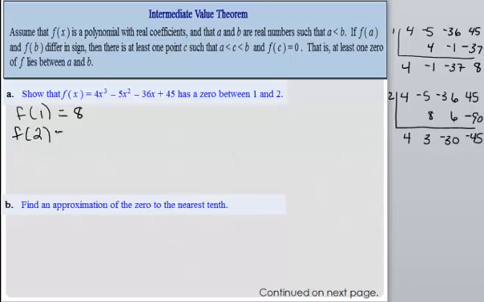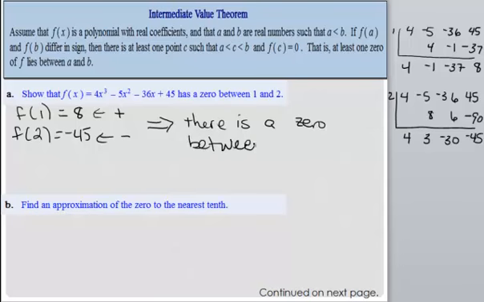So f of 2 is negative 45. Since this one is positive and this one is negative, this means that there is a 0 between 1 and 2. So how do we find an approximation of that 0 to the nearest tenth?